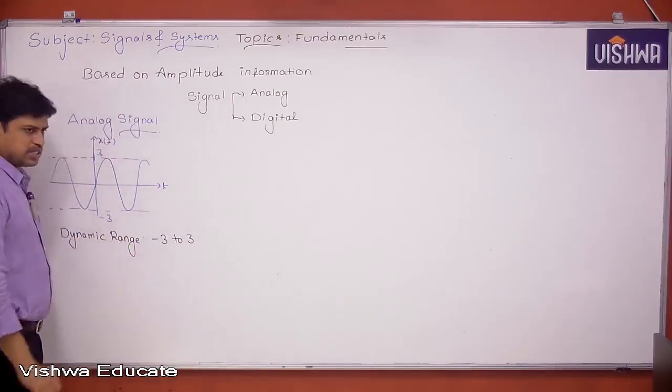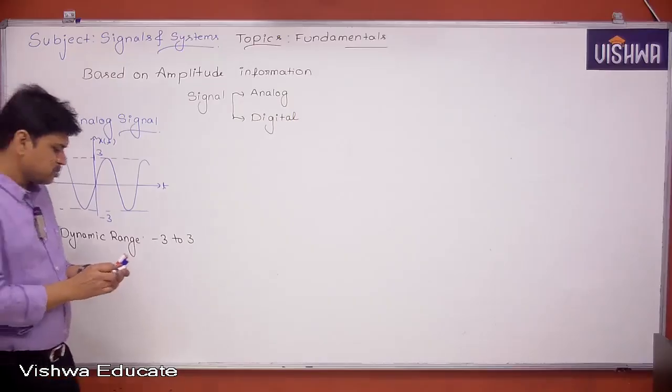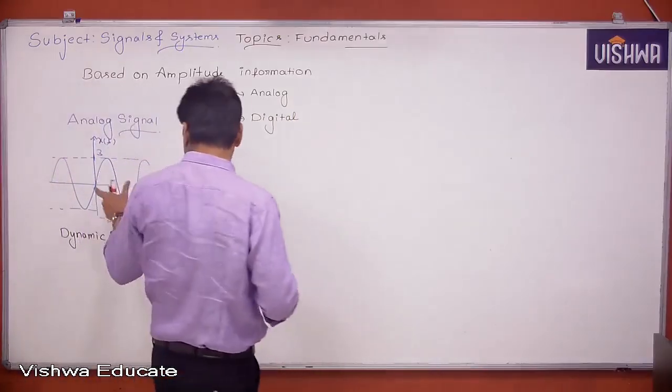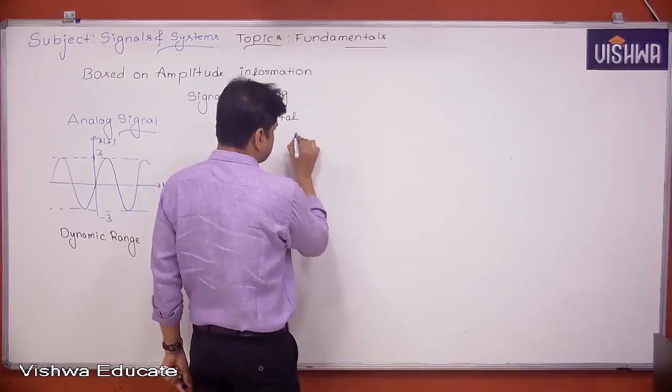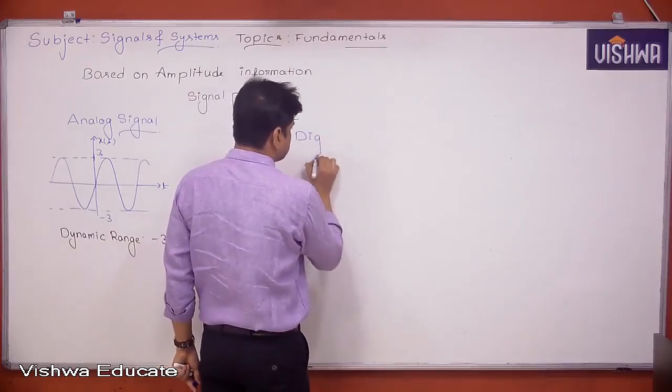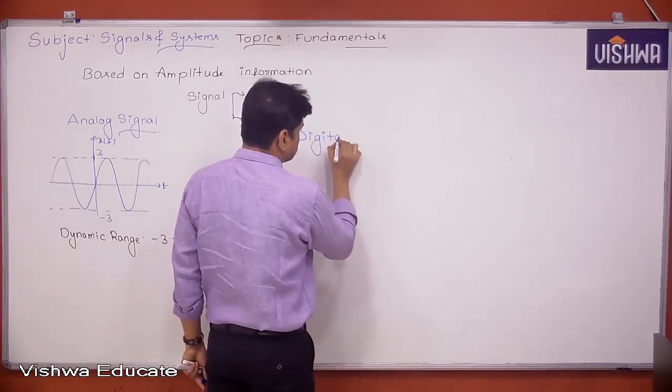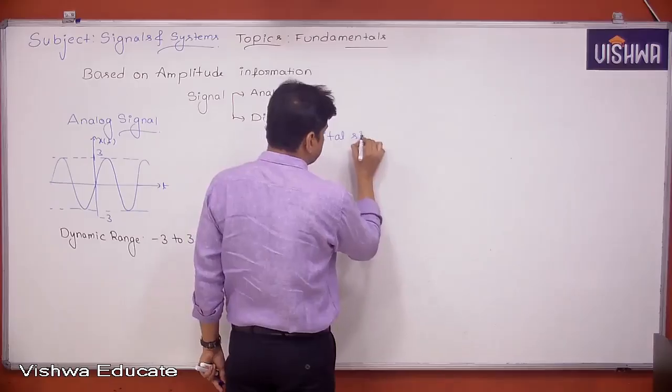Next, I will give you a definition of why it is called an analog signal. Before that, let's see a digital signal.